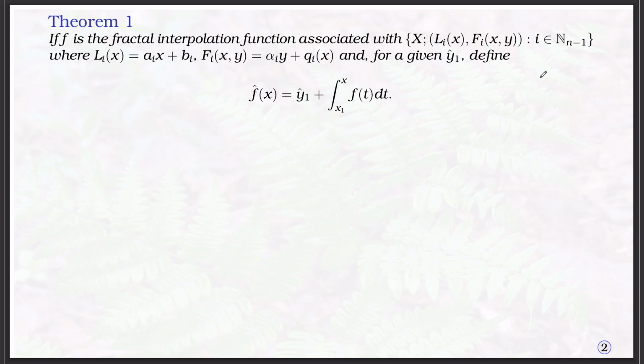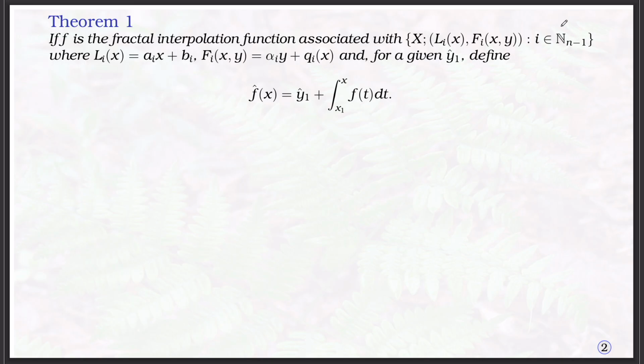Now we are going to investigate how to generate new fractal interpolation functions. For that we are going to enter the new topic, calculus of fractal interpolation function. So this theorem tells how to generate new fractal interpolation functions from the given set of data points.